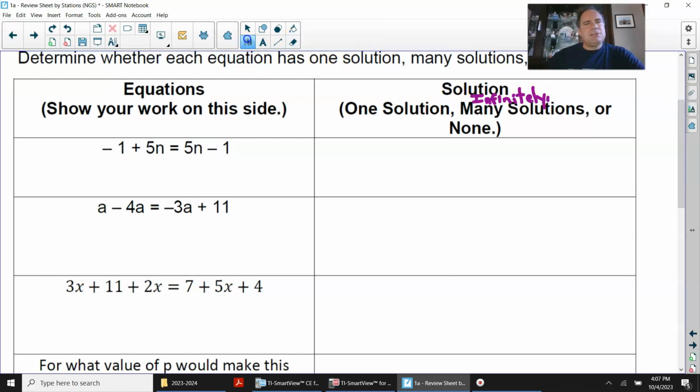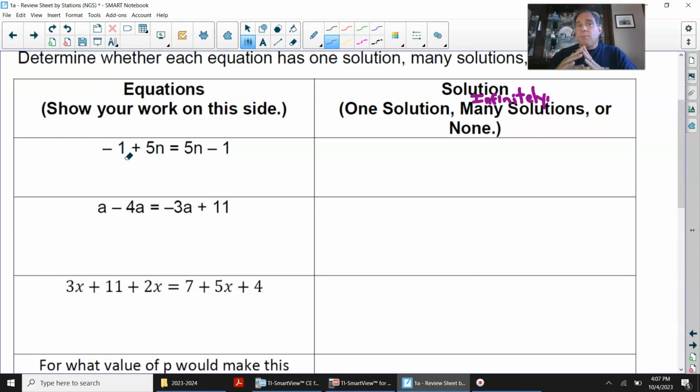Because many solutions could be just like 2 or 3 or 4 or 5 solutions, infinitely many means like every number. All right, so what I was saying is, when you look at an equation, you might see exactly what this means here and how many solutions it has right off the bat.